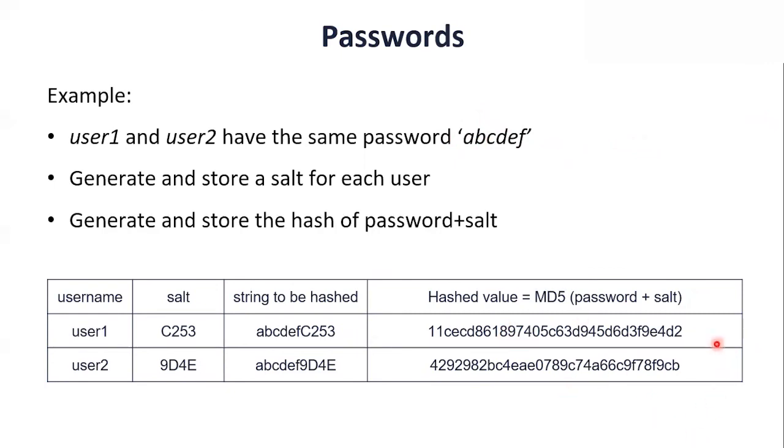Since each user has a different salt, if the attacker wants to compose a list of hash values, he will have to have a list of all possible password values, and for each single password, there can be a number of different salt values.